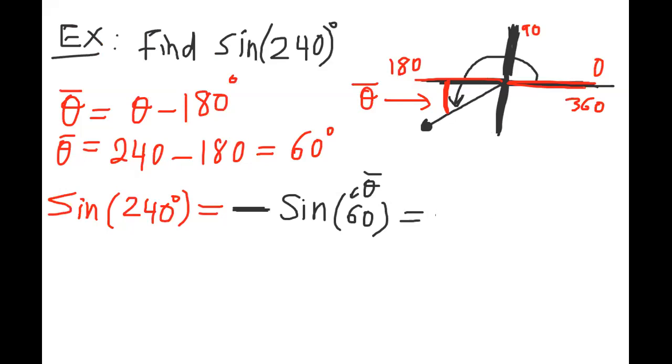Go back to the table now. That's why I told you that you have to memorize the table. Going back to the table, what's sine of 60? Square root of 3 over 2, exactly. So the answer is minus square root of 3 over 2. And that's it. This is the answer. We are done.